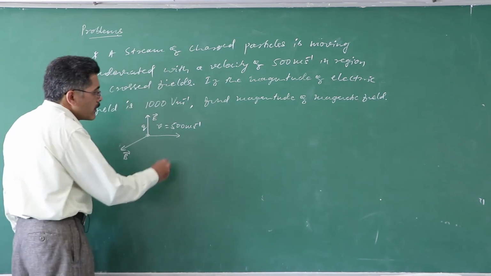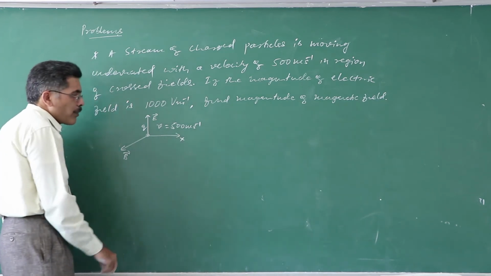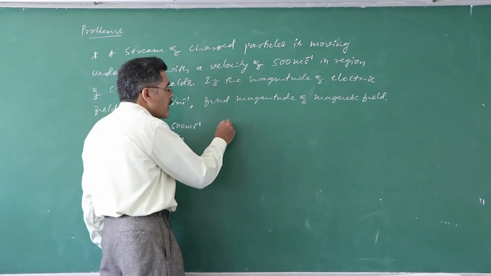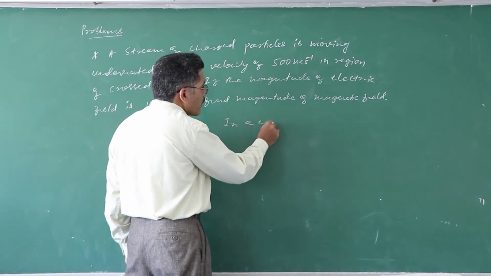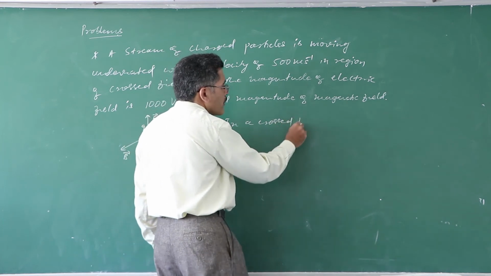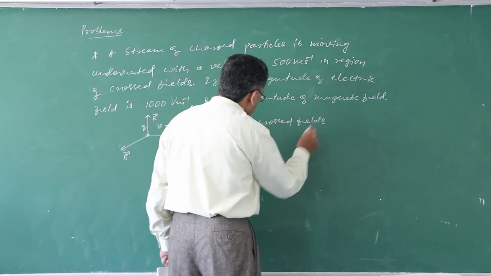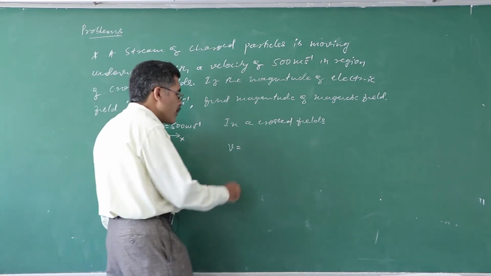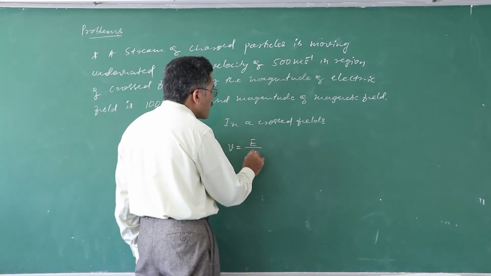This is the direction of propagation of the charged particle. So we know that in a crossed field, the velocity V is equal to E by B.